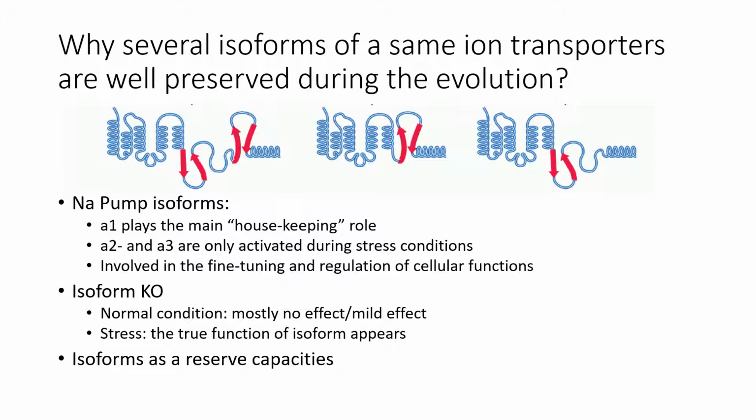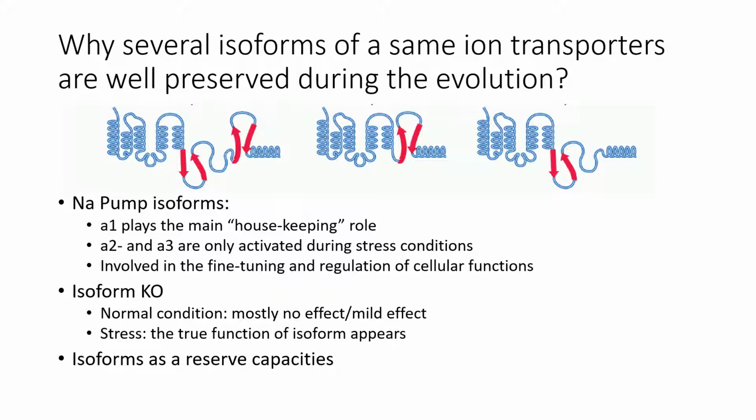In terms of sodium pump isoforms, the general consensus in the field is that the alpha 1 isoform plays the main housekeeping role, and alpha 2 and alpha 3 are only activated during a stress condition, or they are involved in the fine-tuning and regulation of cellular function.